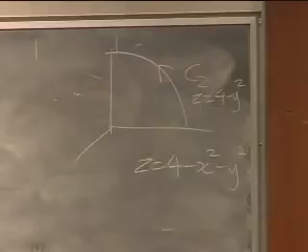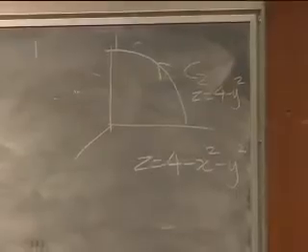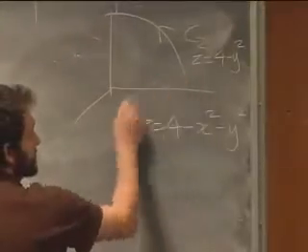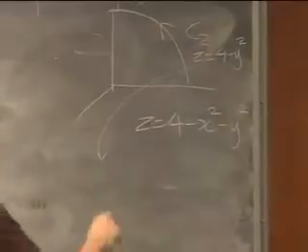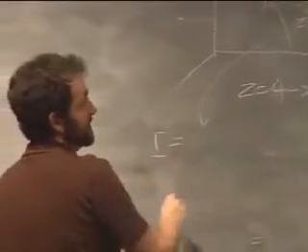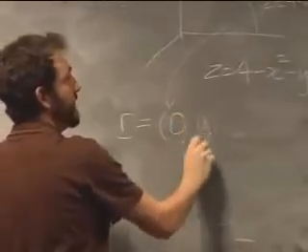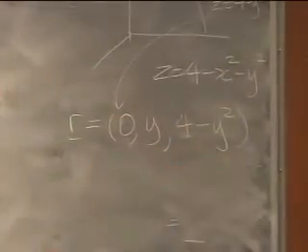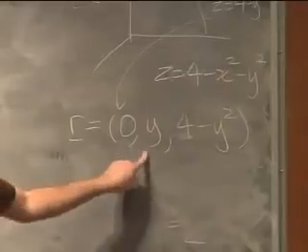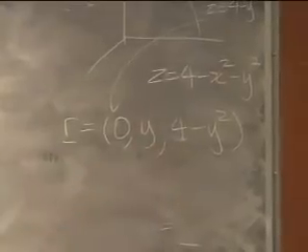And x equals 0. Well, you don't need much of a parameterization for this. There's no polar coordinates or anything like that. If I were you, I would just take the parameterization to be r equals 0, y, 4 minus y squared. After all, x is 0, y is y, and z is 4 minus y squared.